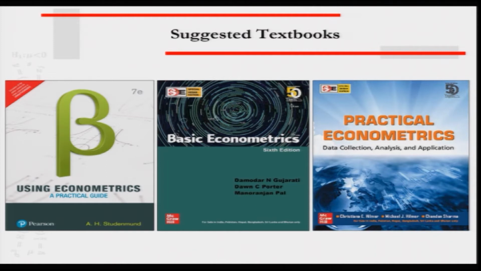For the second part of the course, I have also borrowed concepts from the second book, which is titled Basic Econometrics. Now, this book by Gujarati, Porter and Pal has this speciality that it covers a lot of topics that you may not find in the previous one by Studenmund.